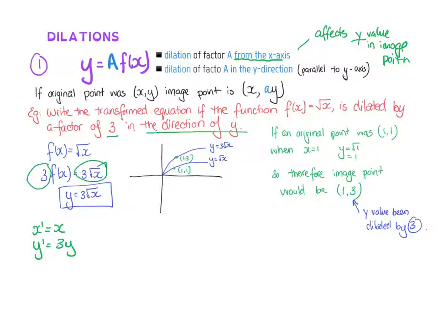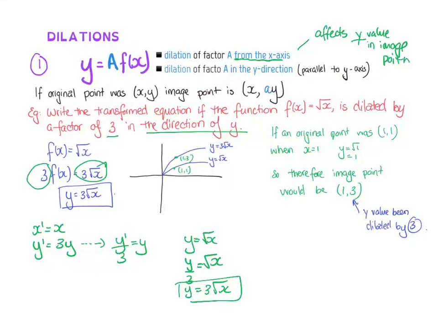So if we transpose this one, so we get y by itself, not image y, we can see that it would be image y divided by 3 equals y. Then we could put that into our normal formula. This was the original, but now because we've changed it, y actually equals y over 3, and x is the same. If you rearrange this and move the 3 over, you essentially get the same as we do over here.